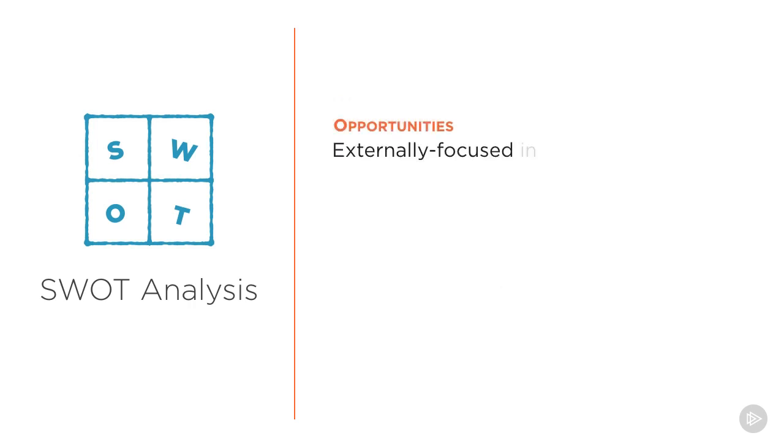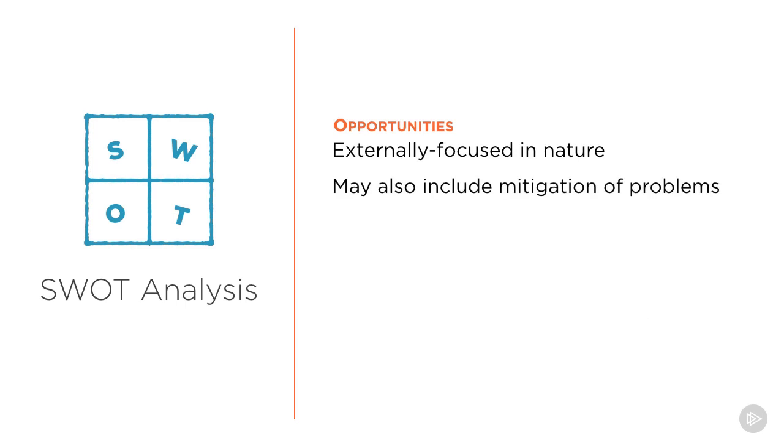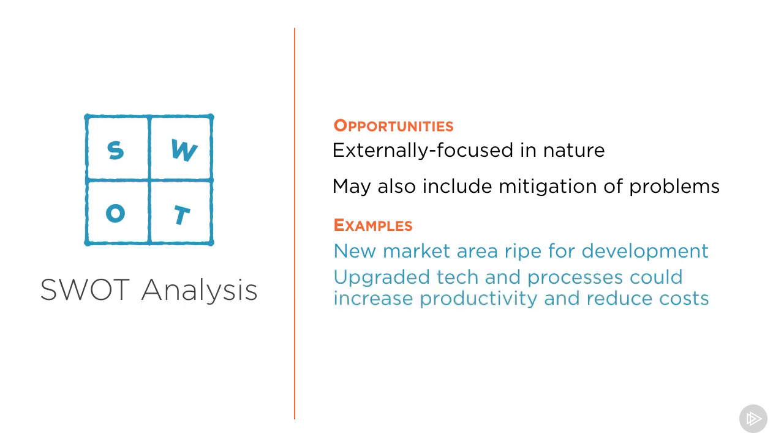Opportunities are externally focused in nature and can also include not only leveraging opportunities for positive benefits, but mitigating any problems and helping to eliminate any issues and negative factors that might arise. Examples of potential opportunities include new market areas that might be seen as ripe for development, seeing that upgraded technology and processes could result in increased productivity and reduced costs, and discovering that unserved customer needs exist that the organization could help tackle and potentially benefit from.